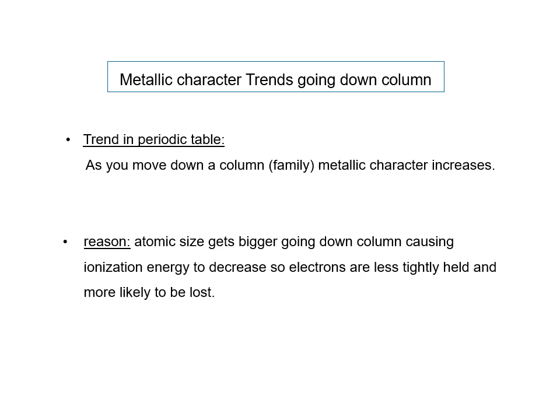If it's easier to take that electron off, then that electron is more likely to be removed, which means that that element is behaving more like a metal. So as we move down a column, electrons are less tightly held, so more likely to come off. And so metallic character increases going down a column.